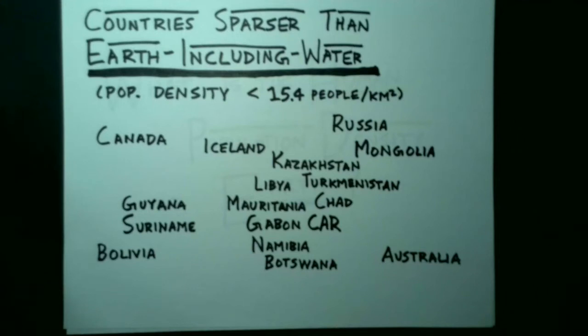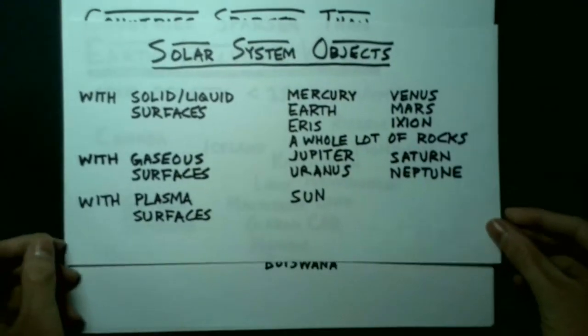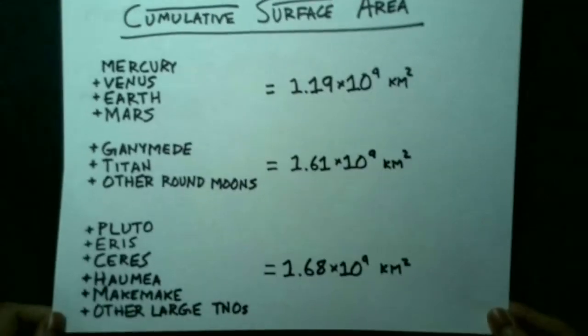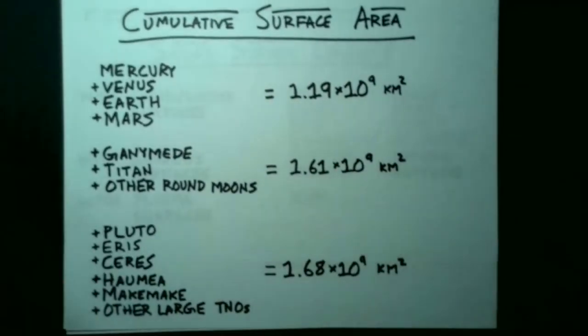And we could actually take this idea one step further. Aside from the Earth, there are some other bodies in the solar system with solid or liquid surfaces, like Mercury, Venus, Mars, moons, dwarf planets, and a whole bunch of random rocks. The combined surface area of the terrestrial planets is about 1.19 billion square kilometers. When round planetary moons are added in, this bumps up to 1.61 billion square kilometers, and when dwarf planets and other large trans-Neptunian objects are added in, the total gets to 1.68 billion square kilometers.